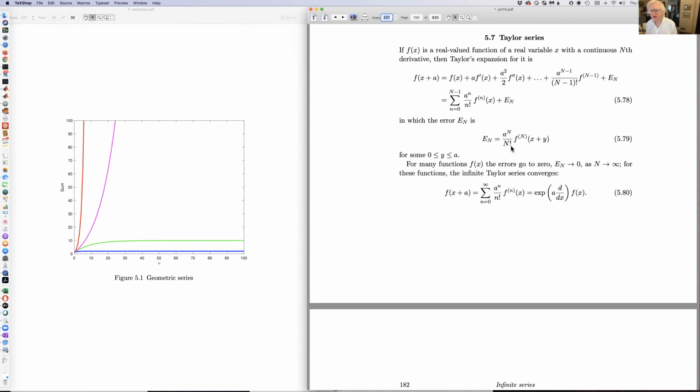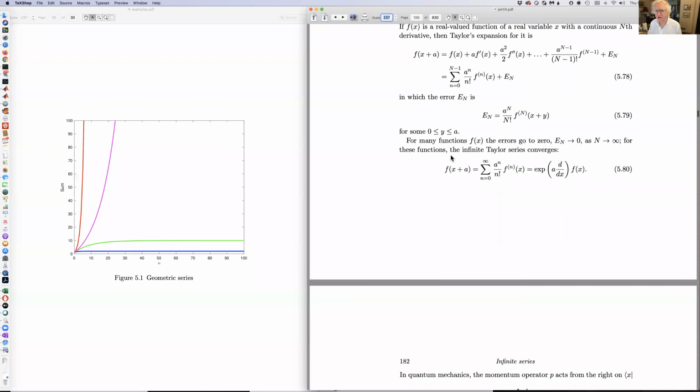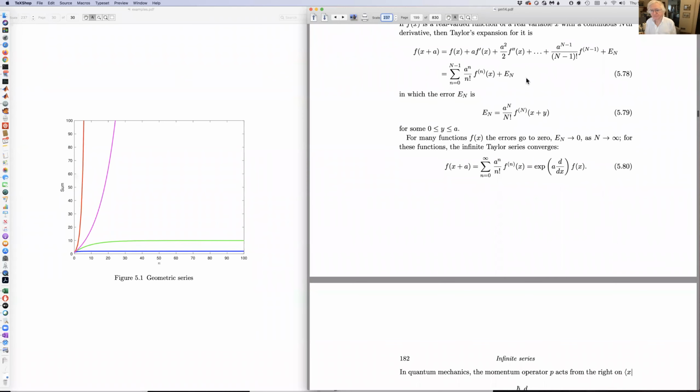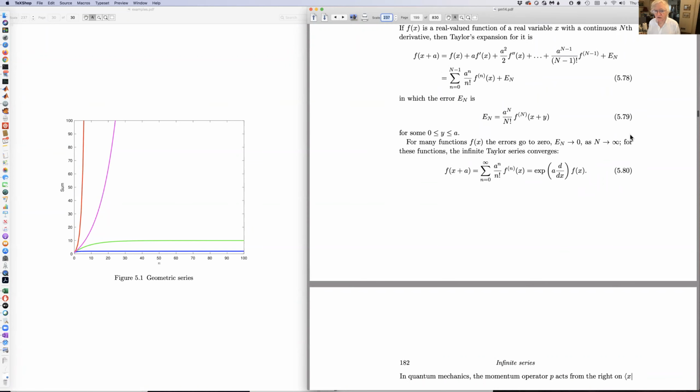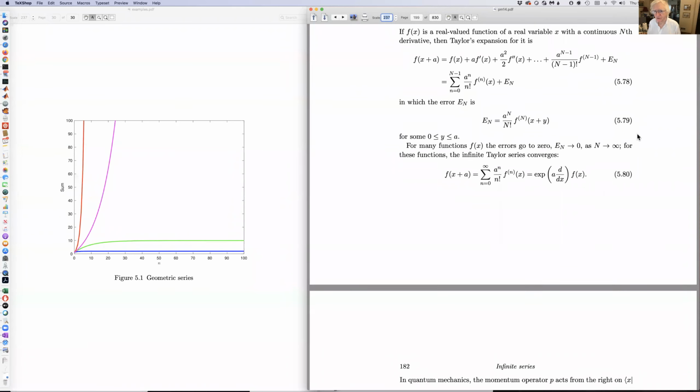It's a to the n over n factorial, the nth derivative at some point x plus y, where y is somewhere between 0 and a, which is sort of an interesting fact.